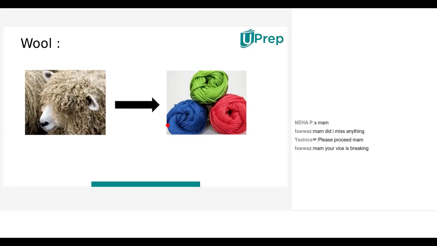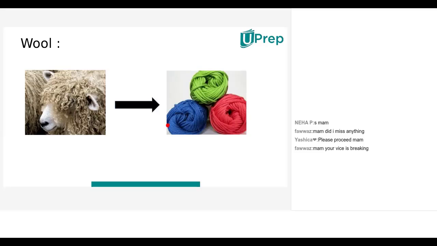It is also used in the manufacturing of toys. Really, ma'am? I'm knowing it right now. Yashika, you'll use wool for craft purposes. Very good, Yashika. Yes, we'll use this wool for craft purposes.